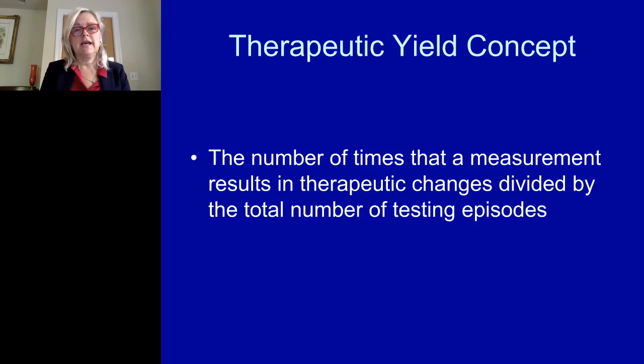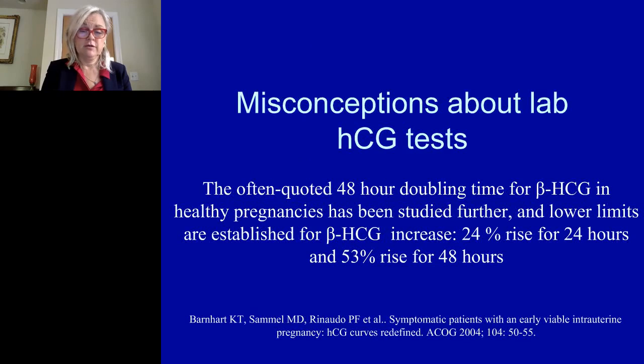So in this case, I think if you look at the therapeutic yield, you'd only be doing a test once, but you'd be definitely acting on it were it positive. So this is just a way of showing the value of a serum quantitative HCG.